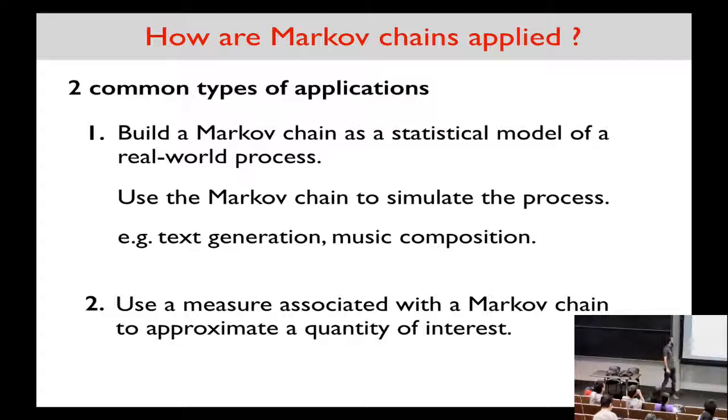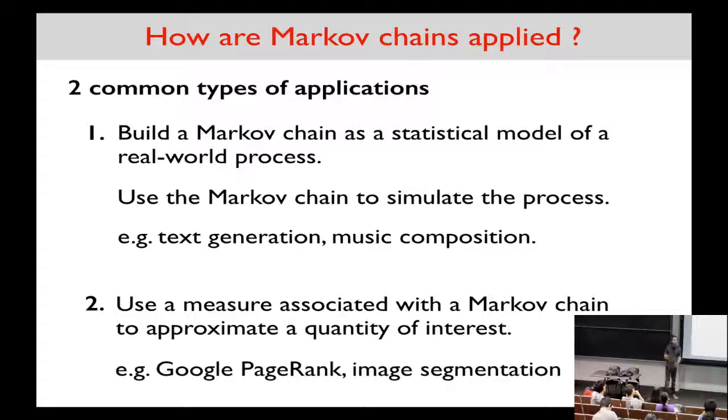Another way to use Markov chains is to use a measure associated with a certain Markov chain to approximate a quantity of interest to you. For example, Google PageRank is a measure that is supposed to represent the reputation of a web page, and you approximate that quantity by looking at a certain Markov chain and a measure associated with it.